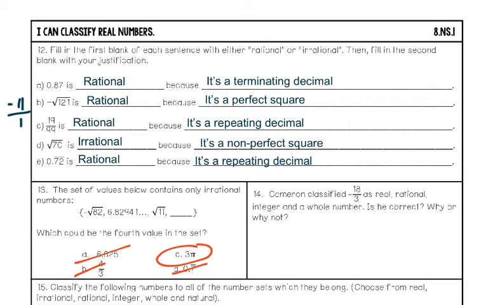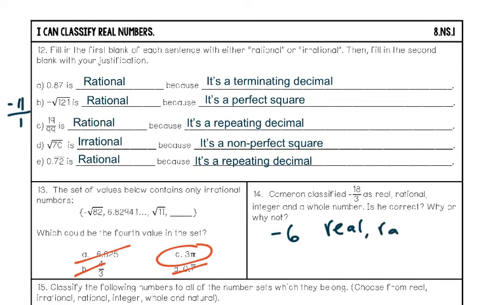Number 14 gives you an example where Cameron classified the number negative 18 over 3 as real, rational, integer, and a whole number. We're going to determine whether he's correct and then why or why not. So the first thing we do when we get a fraction like this is try to simplify it, if we can, because 18 divided by 3 is 6. So we have a negative 6. So already we know that the number is real because all numbers we know are real.